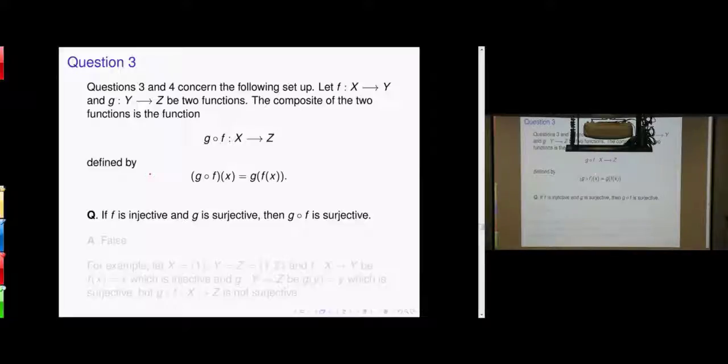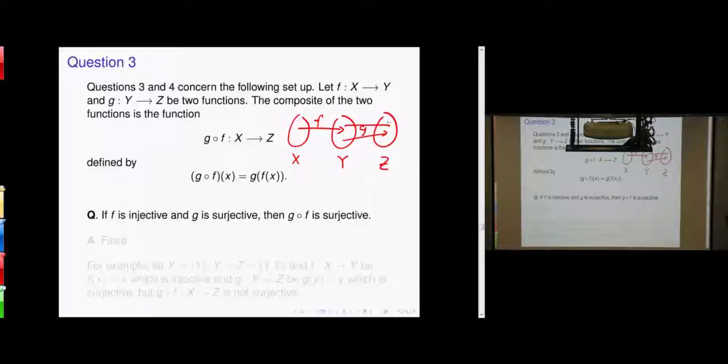The composite of the two functions is denoted G circle F, a function from X to Z, defined by you first follow F, and then you follow G. I guess you have seen this kind of diagram many times. This is X, this is Y, this is Z. F is from X to Y, and G is from Y to Z.